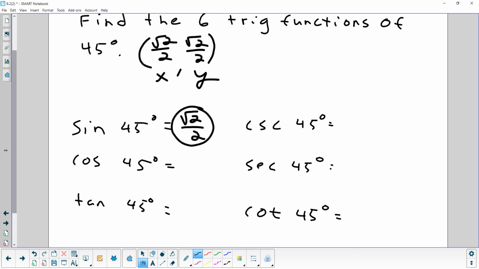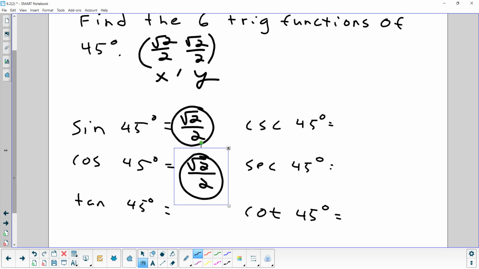Okay, cosine. Abigail, what's the formula for that? Yeah, x. And what's my x value in this case? Good. Square root of 2 over 2. Now, tangent is when you divide the y by the x.